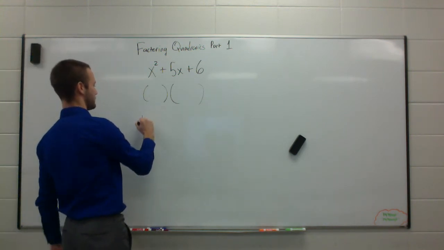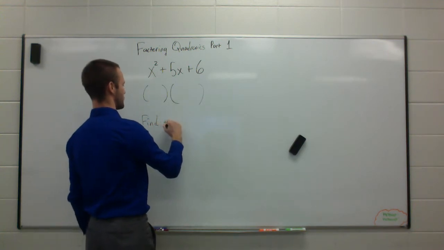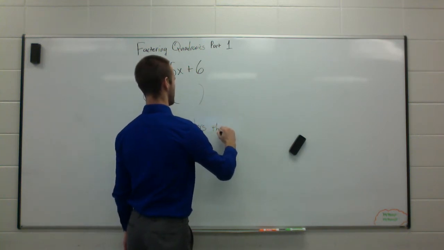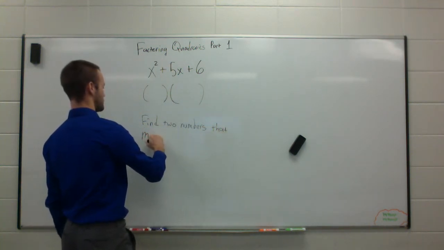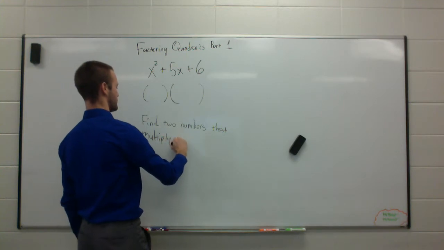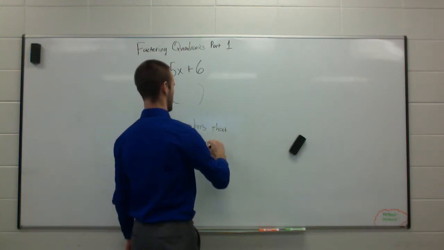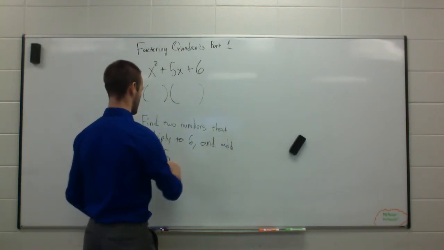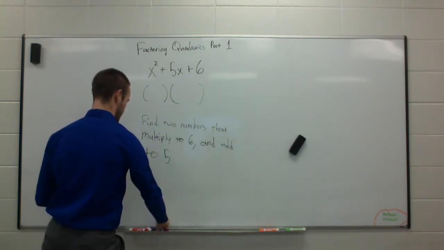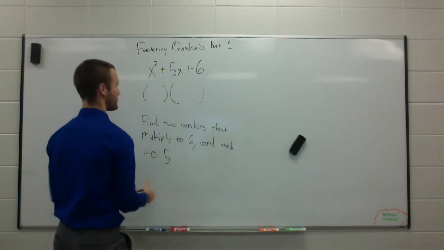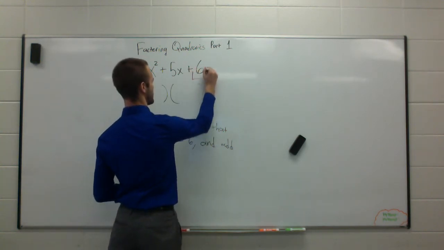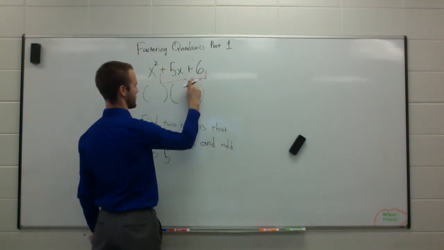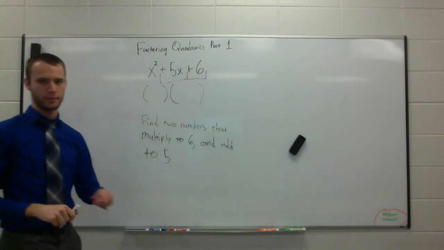We're going to find two numbers that multiply to 6 and add to 5. Why 6 and 5? Because here's where we get the 6, and then this is where we get the 5. And actually, the sign is important here. So it's a positive 5 and a positive 6, right?